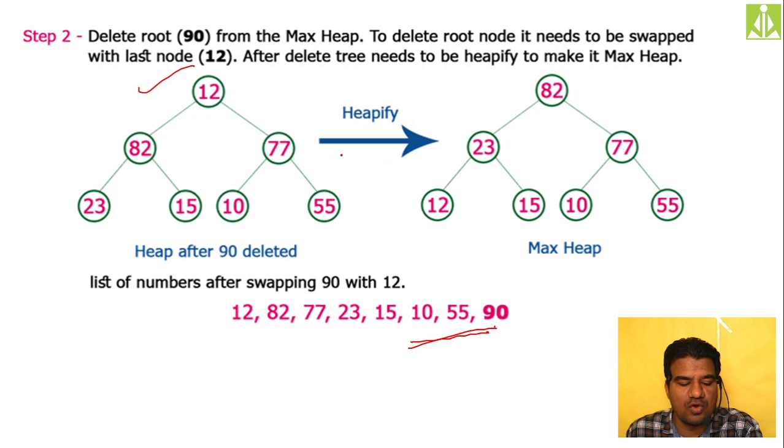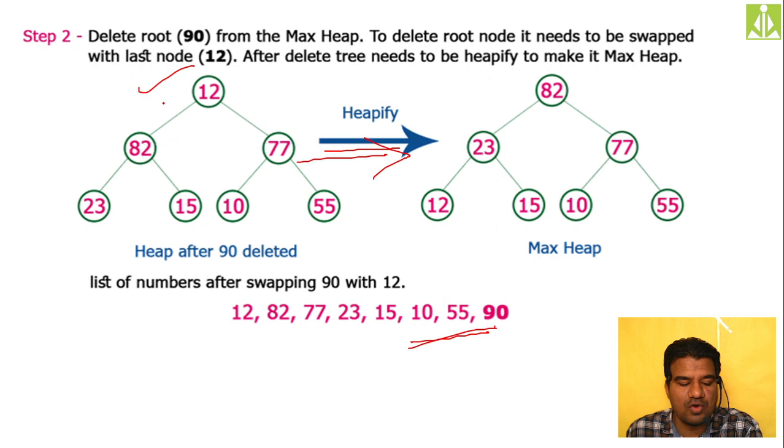So now we have to heapify it. How? Simply, again you compare 23, 15. Which one is greater? 23, 15 and 82. 82 is greater. So 82 will remain the same. Then from the top you have to come. 12, 82, 77. Which one is greater? 82 is greater.